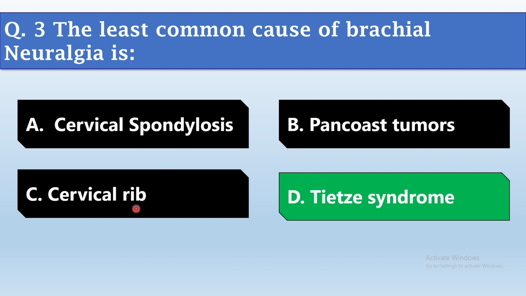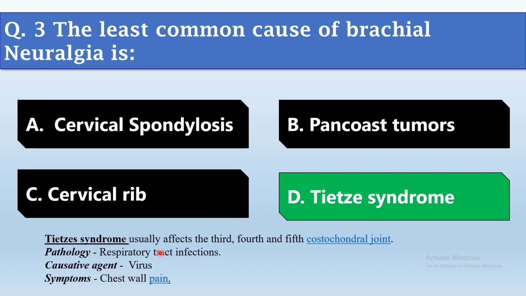A cervical rib is an extra rib that forms above the first rib. Cervical ribs can be on the right side, left side, or both sides. Tietze syndrome usually affects the 3rd, 4th, and 5th costochondral joints, and the pathology of Tietze syndrome is respiratory tract infection. The causative agents are viruses, and the symptom is chest wall pain.